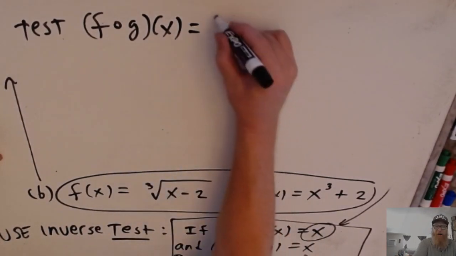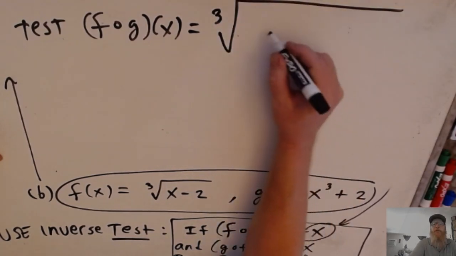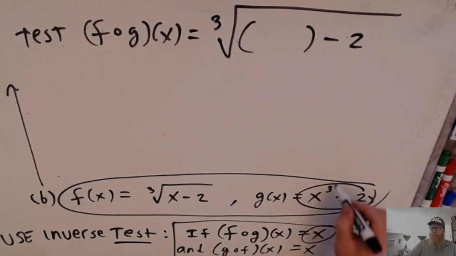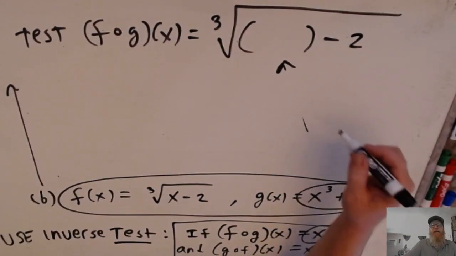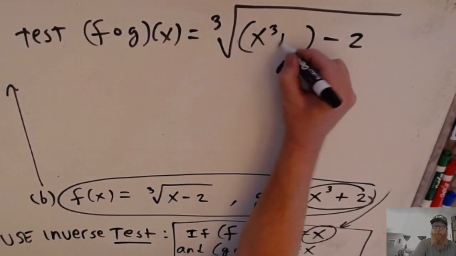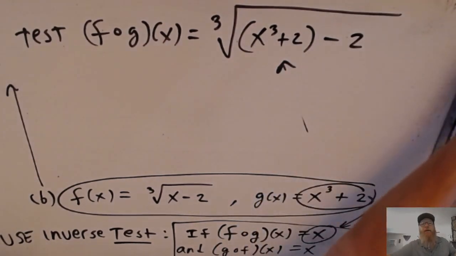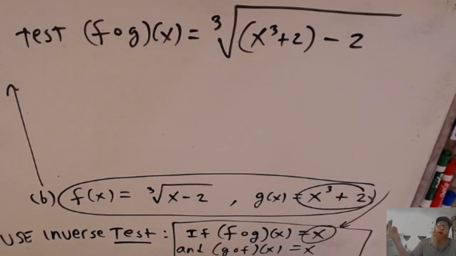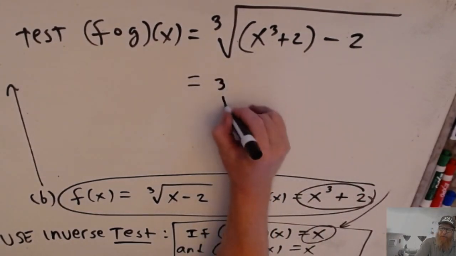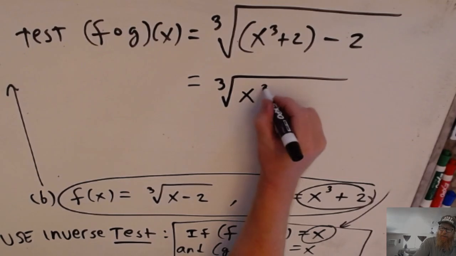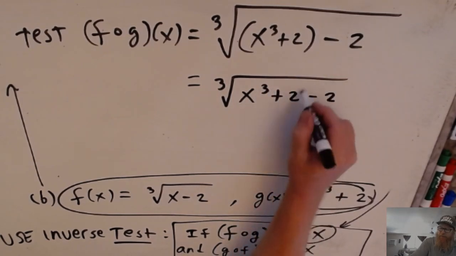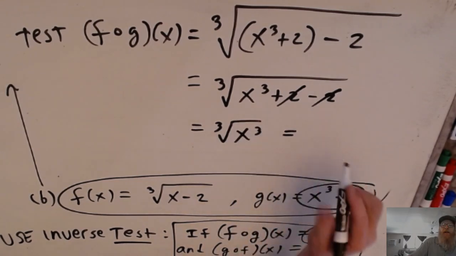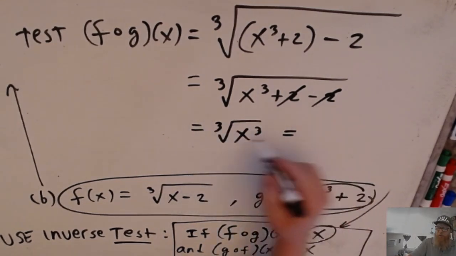So we got f of g, that'll be the cube root of blank minus 2, and we're going to put g inside the blank. So we get x cubed plus 2, minus 2. I always hope that they are inverses, but sometimes they're not. You're going to simplify this, get rid of the parentheses, cancel the 2's, and you have the cube root of x cubed.